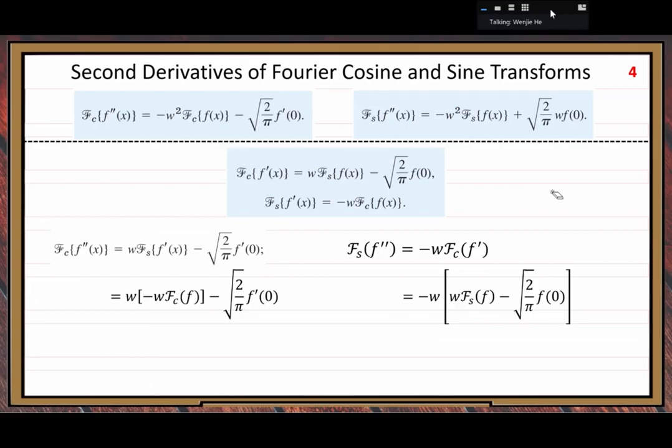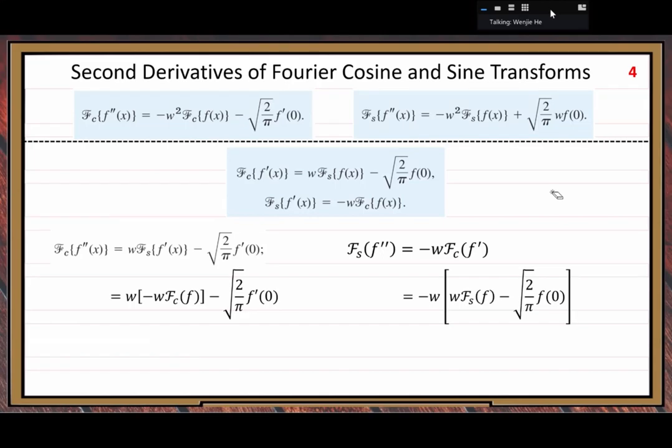At this point, we have these two versions. But later you will see that in most of our applications, we will combine these two, Fourier sine and cosine, into one Fourier transform. Otherwise, every time we need to calculate two transforms, intertwined and mixed. That's not very convenient.